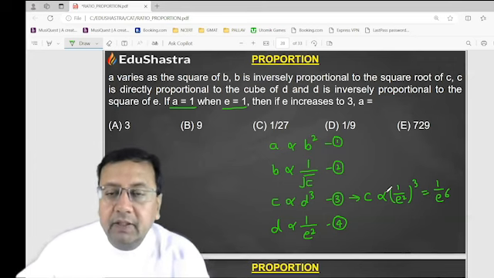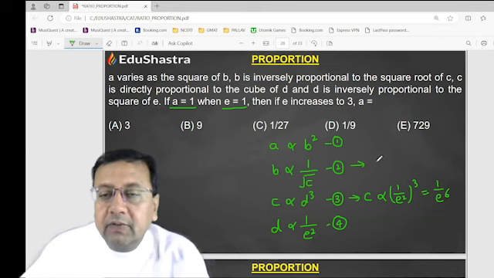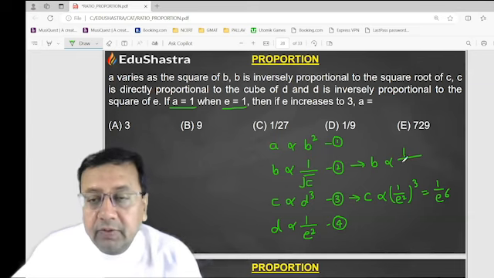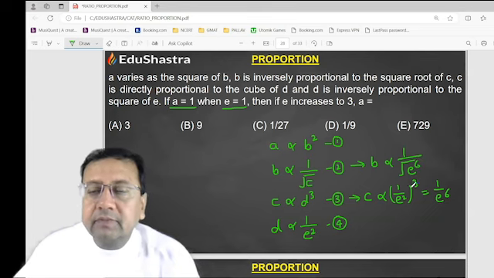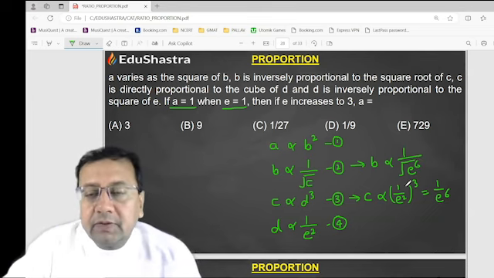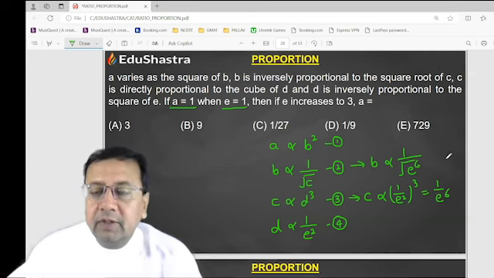So C is here in the second equation, right? So if I calculate here from B, B is directly proportional to what? 1 upon what? Square root. And if I calculate this, this is E raised to power 6, right? So can you tell me what is the value here for B? What can I write here?